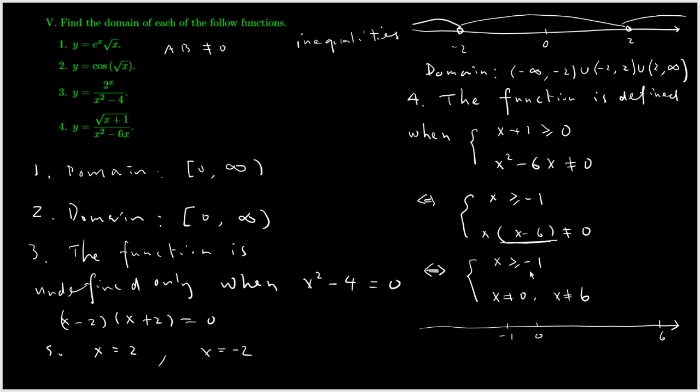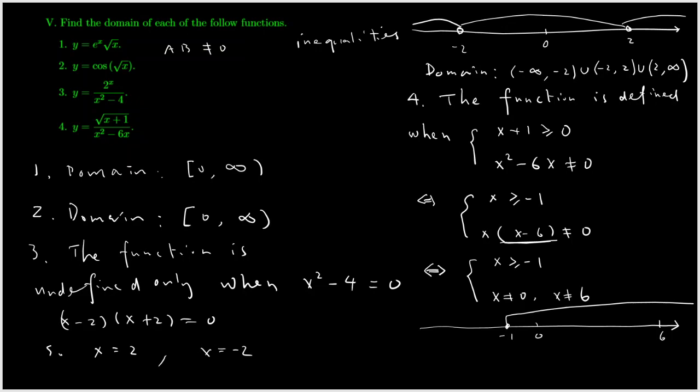Now you look at the mouse cursor. For the portion when x is greater than or equal to -1, on the number line, you indicate the solution to the inequality using something like this. I put a dot in here to mean this number -1 is included in the domain. 0 is not included. 6 is not included.